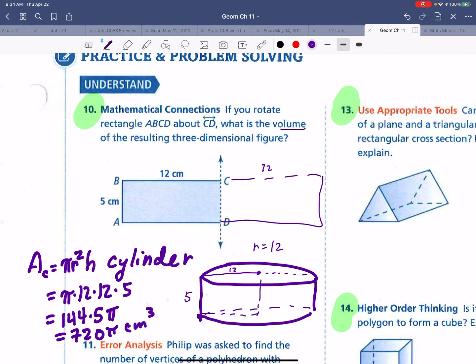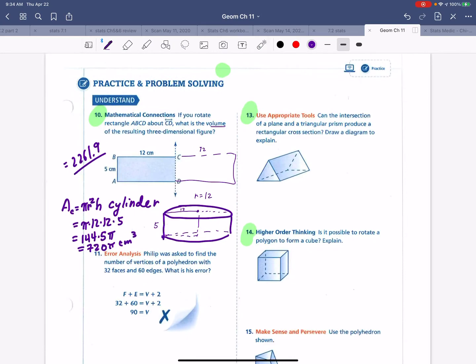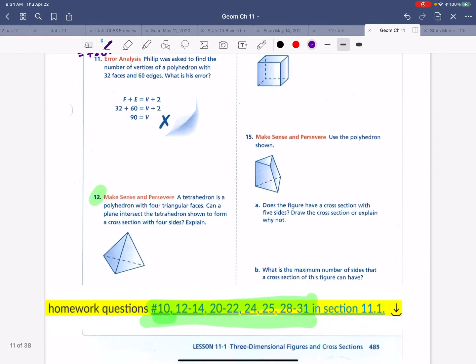If they asked for it as a decimal, 720 times pi, I get 2261.9. Cool. Let me double check my work there though. 144 times 5 is 720. Yeah, 720 pi.